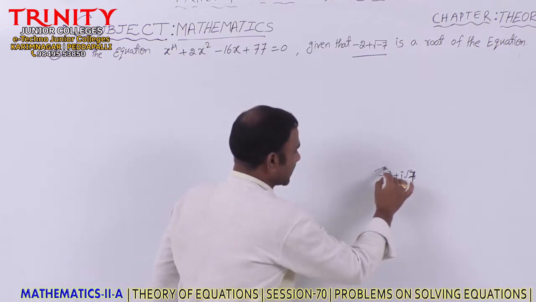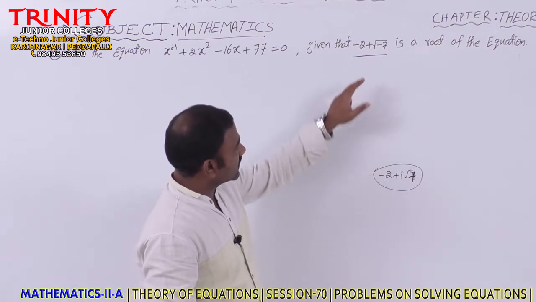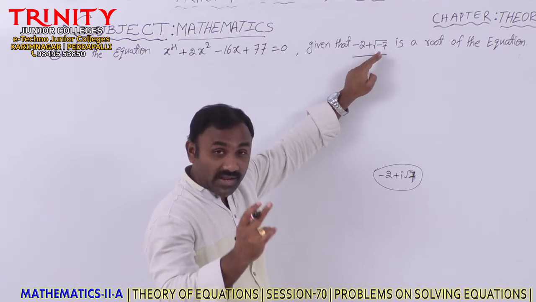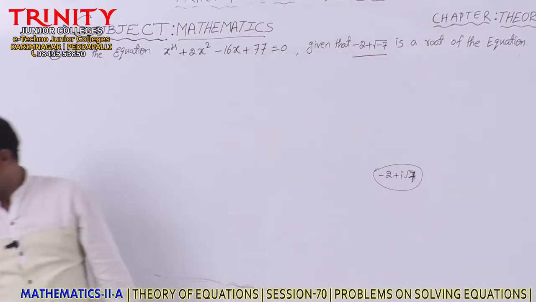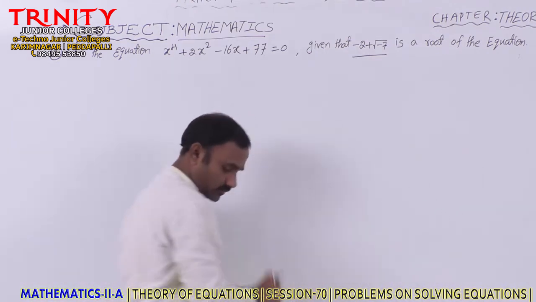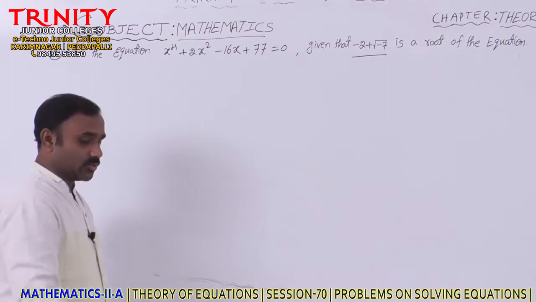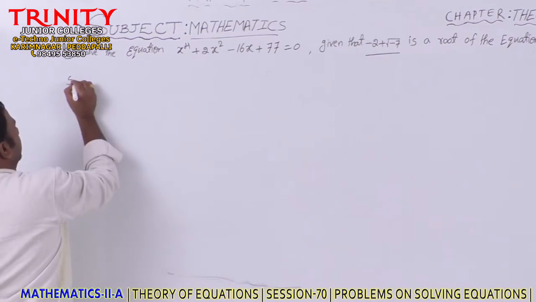If he had given it directly, then we could go with that concept. But here direct imaginary was not mentioned, but according to the condition, root of a negative value becomes an imaginary number. That's what is important here. By using that imaginary root, now we have to find the values of x.